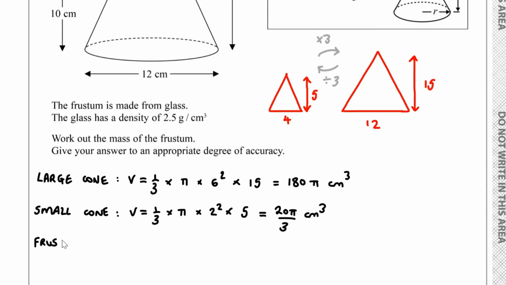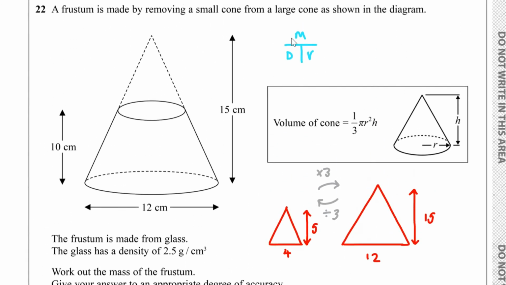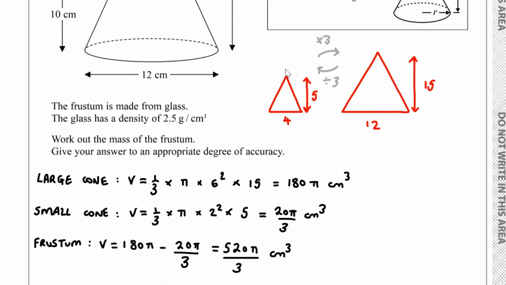And therefore, for the frustum, the volume will equal 180 pi minus 20 pi over 3, which is 520 pi over 3 centimeters cubed. Now we need to find out what the mass is, so we multiply the density by the volume.